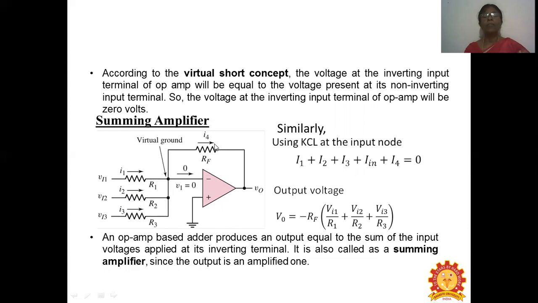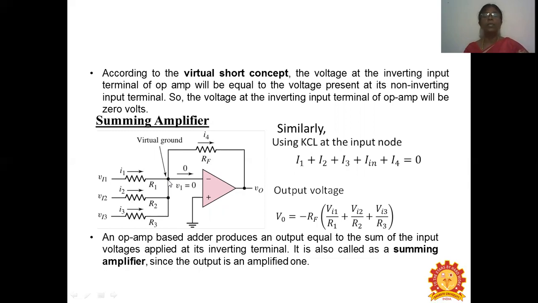And also one feedback resistor connected in between output and inverting input, that is denoted by RF. So the current flowing towards the inverting terminal of the summing amplifier is 0. So using Kirchhoff current law at the input node. This first dot point is the input node.